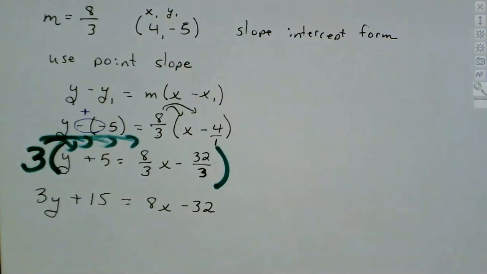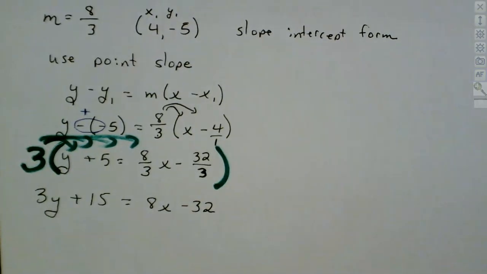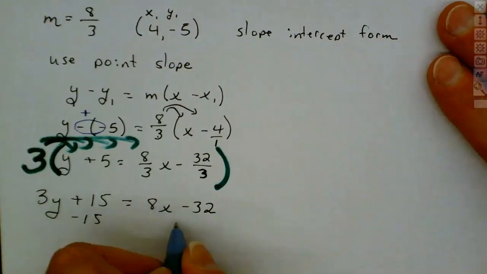Now, what do we want the answer to be in? All right, we have 2 ways of writing our answer: slope-intercept form or standard form. So we want slope-intercept form, so that means we need to solve for what variable? We need to solve it for y. So we're going to move that 15 over.